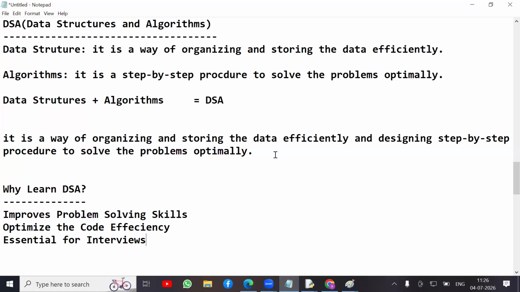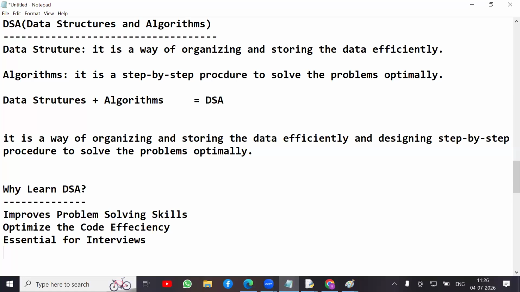Okay, if you want to attend or if you are attending any company interview, either an MNC or normal startup companies also, we are facing one technical round. In the technical round, we are given one coding question based on DSA. Okay, without DSA concepts, there is no interview.